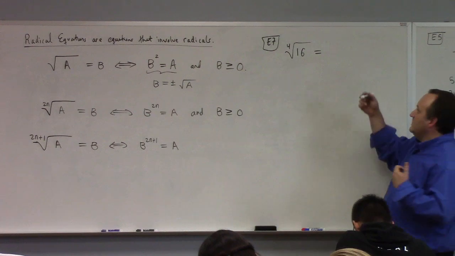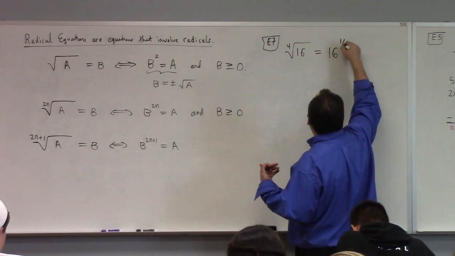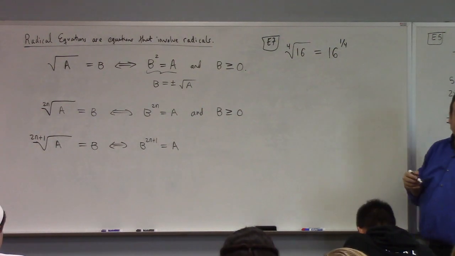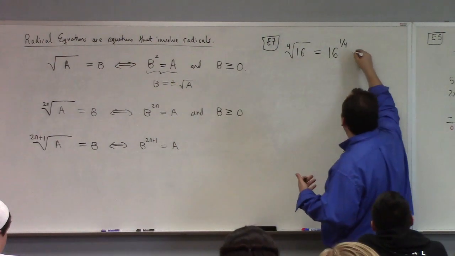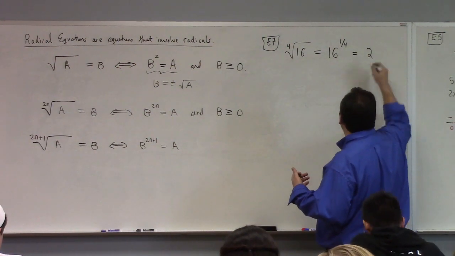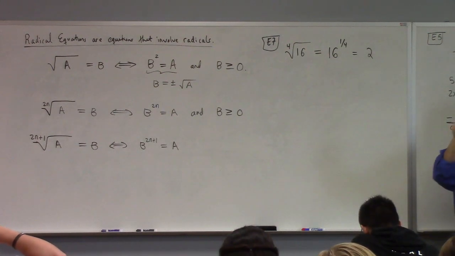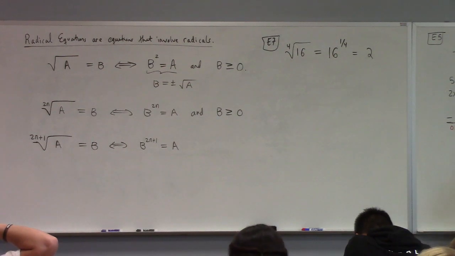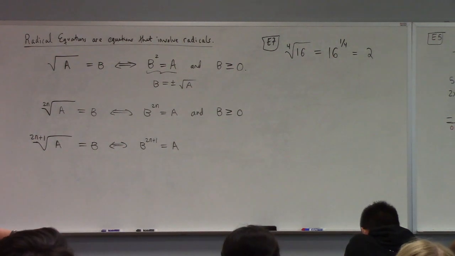You can put 16 to the 1/4 power, or 16 to the 0.25 power, and what you'll get is 2. Because 2 times 2 times 2 times 2 is 4 times 4, which is 16. So the fourth root of 16 is 2.